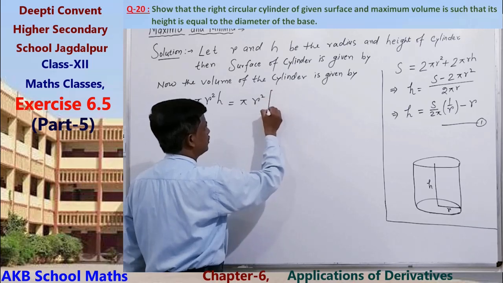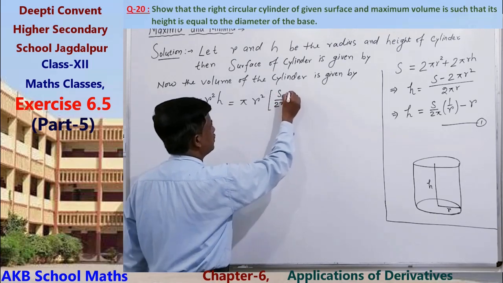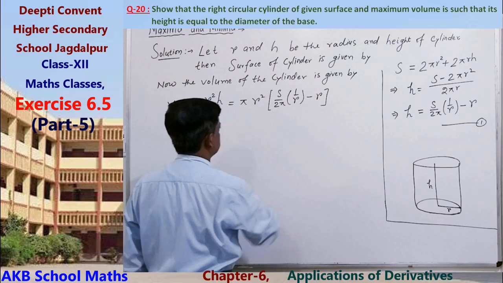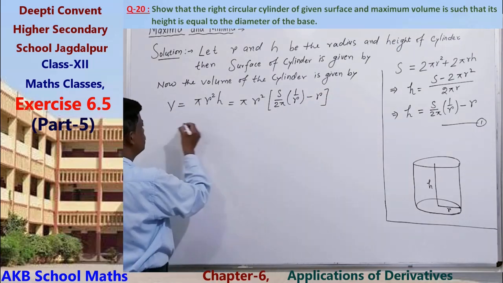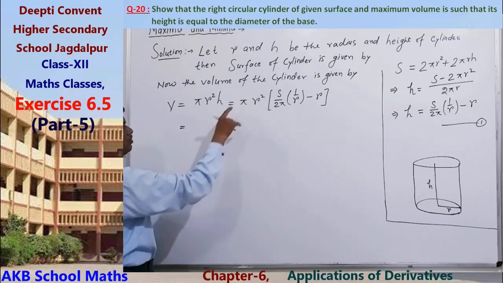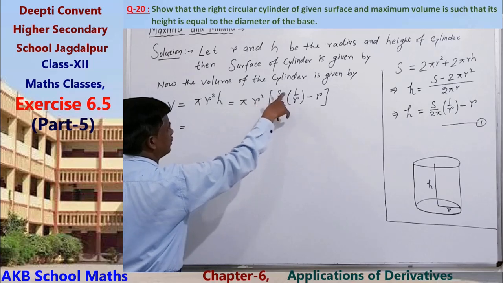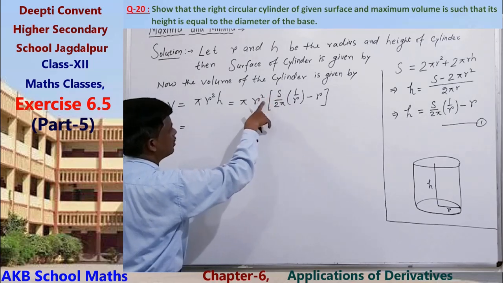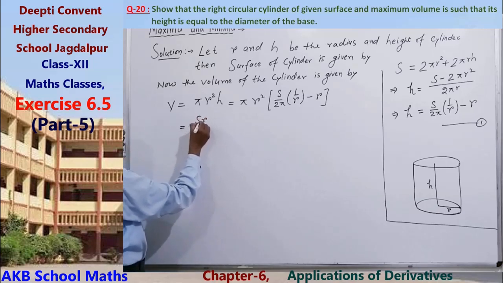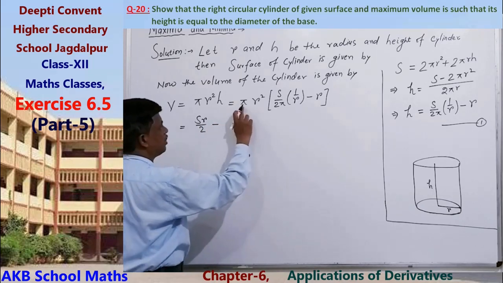So S upon 2 pi, 1 upon r minus r, equals, by multiplying, pi cancel, one r cancel, S r upon 2 minus pi r cube.